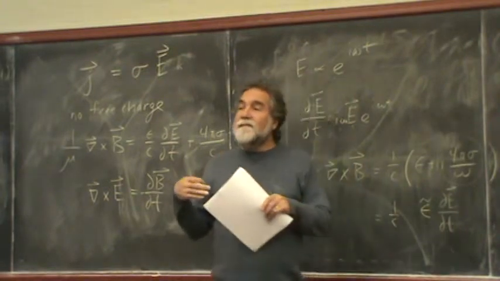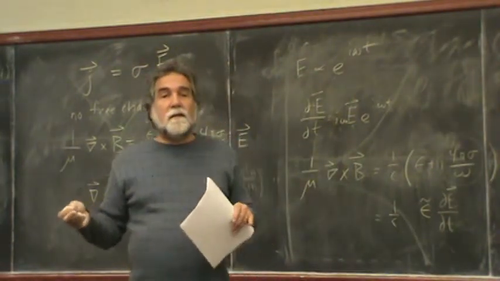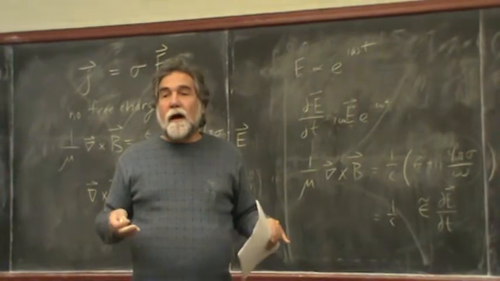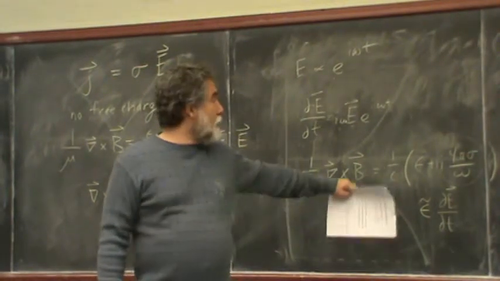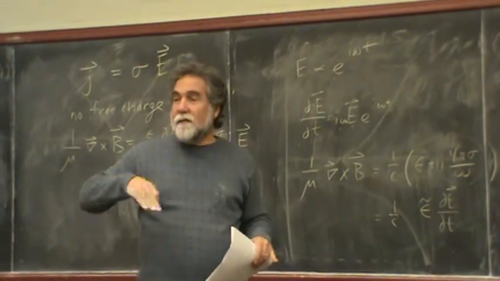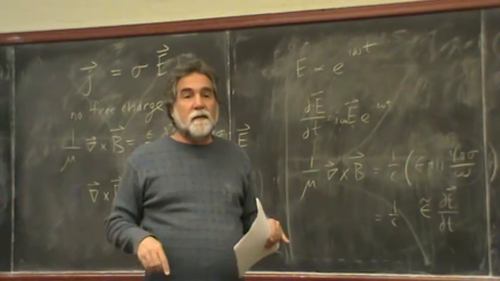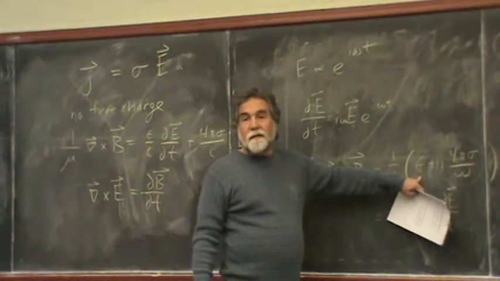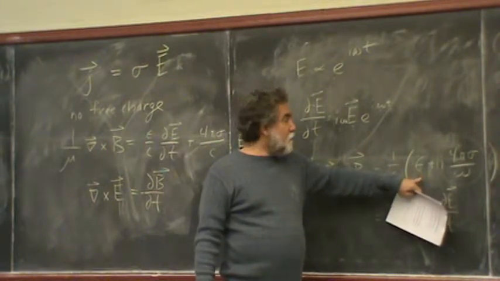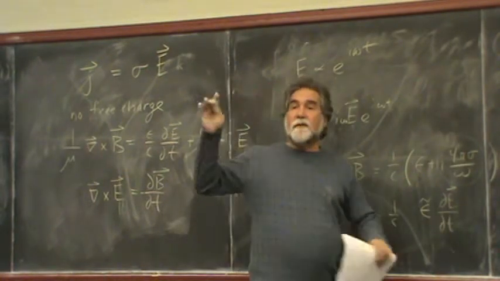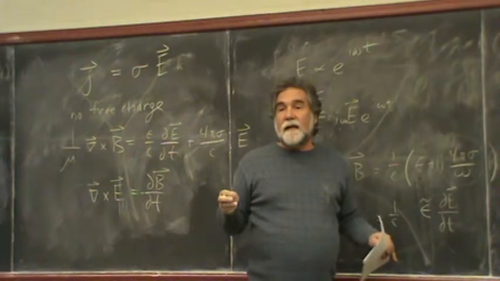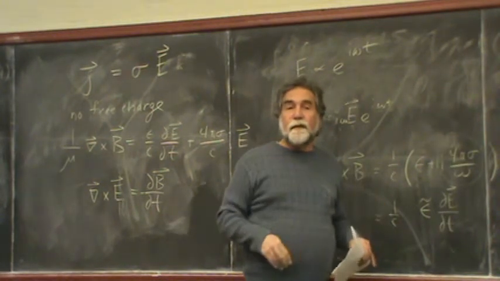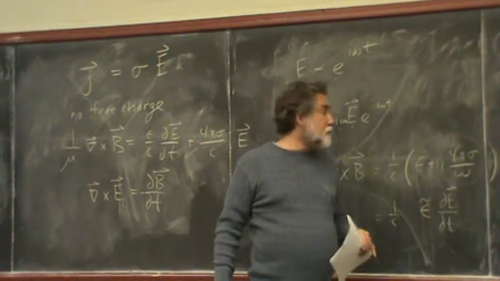And next semester, either Professor Schroeder or I will talk in more detail about what happens when you have transitions between bands in solids and atoms and molecules that causes this part to be complex as well. But for now, let's just say we have a material that is otherwise a simple dielectric, and then we introduce free carriers, and the carriers can move around in the material.